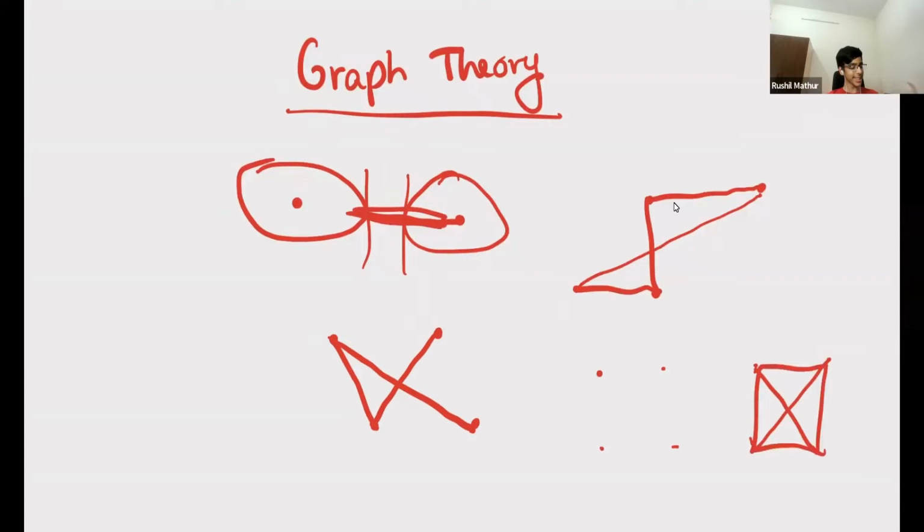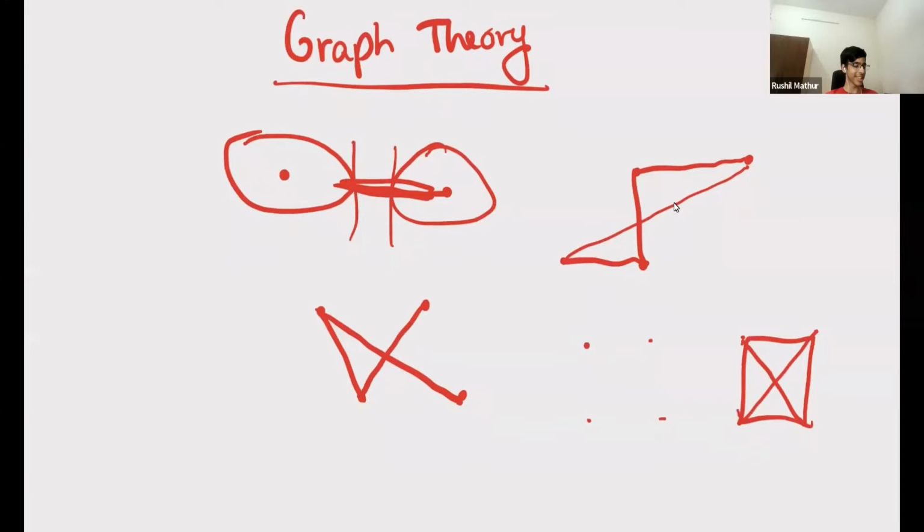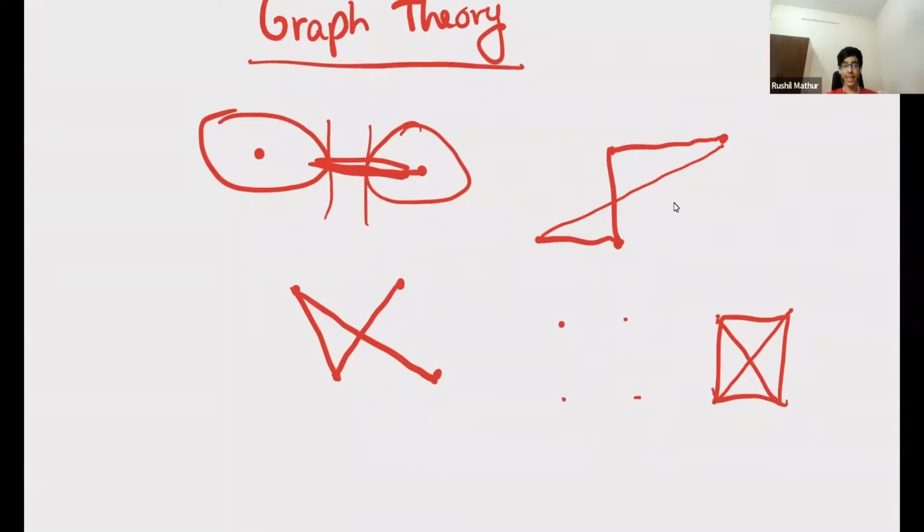Essentially, what makes graph theory so powerful is that it's a very abstract structure, right? All I've defined is some points and some edges which are joining each other. So I can really use this for a billion different things, and that makes graph theory one of the most active fields of research today.